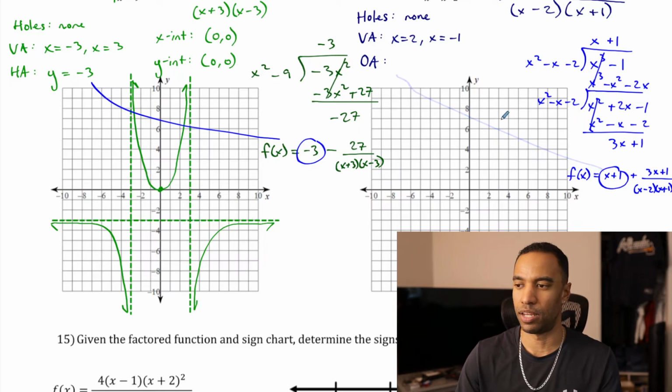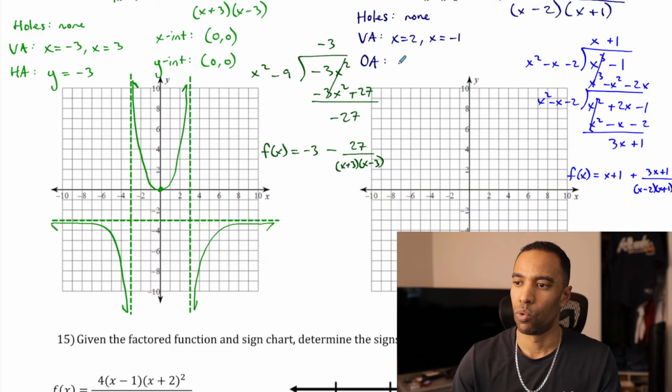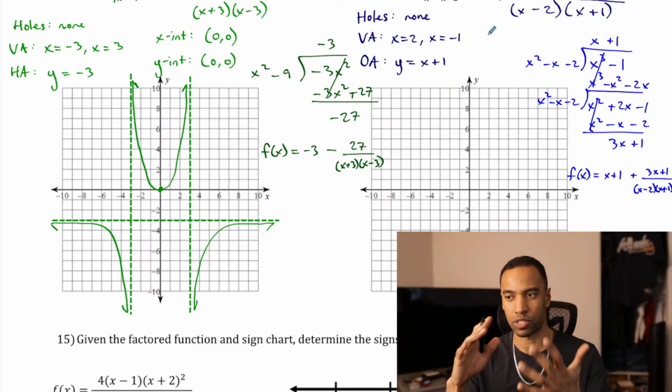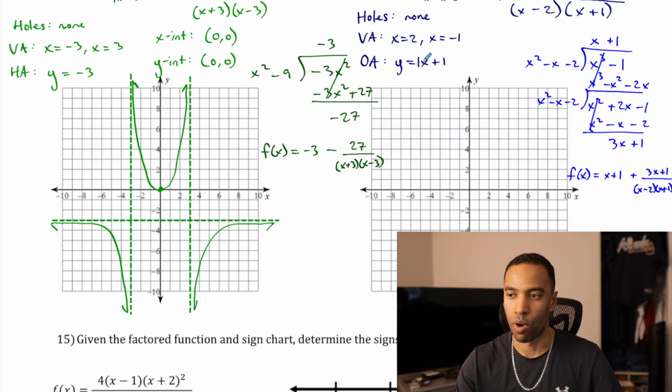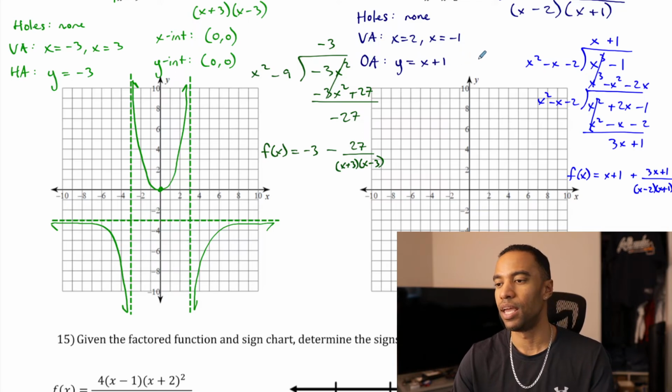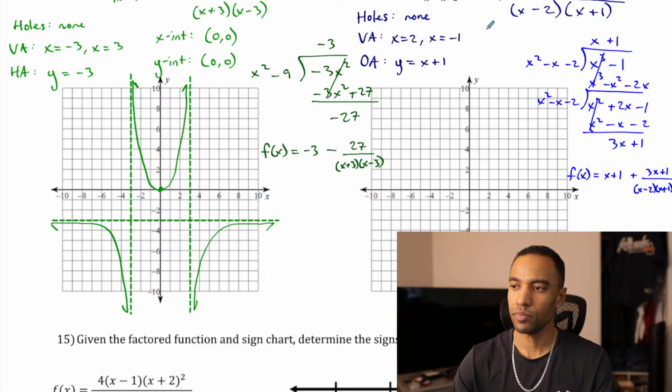This x plus 1 is y equals x plus 1. It is slope-intercept form, y equals mx plus b, a diagonal line with a slope of 1 and a y-intercept of 1. And we're going to be using that. Not only that, we got to find x-intercepts too, but we also got to find out where we're going to be crossing the asymptote, and I'll get to that.